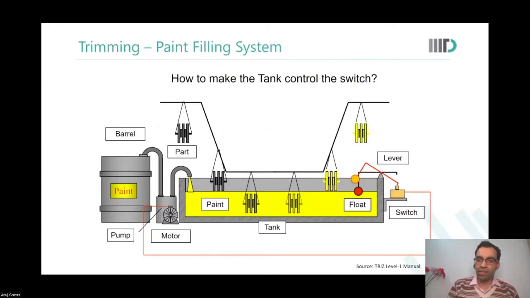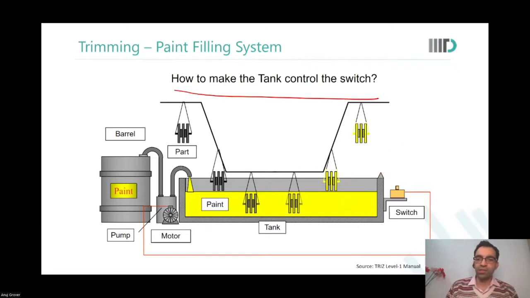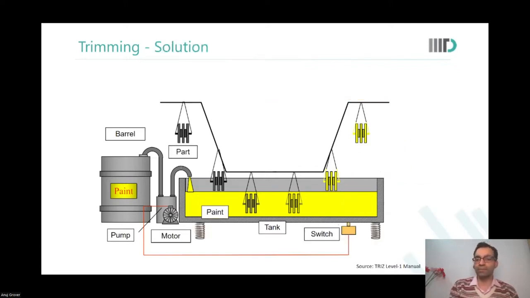How? The problem is how to make the tank control the switch, because the float and the lever are not there now. The solution could be to put the switch below the tank. There are springs. As the weight increases, the tank would lower itself and the switch would be closed. Now the pump would not do anything. So very good. Can we do something else?